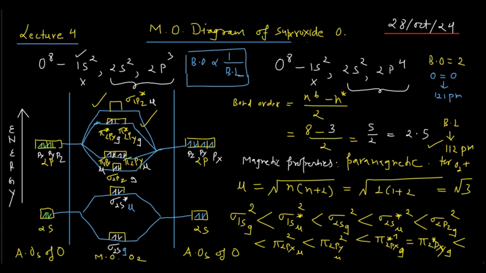Superoxide is O2 negative. Please remember. It is very, very important to learn the formula of the ions as well, because sometimes you may have difficulty in drawing the molecular orbital diagram if you don't know what is the formula of the superoxide, what is the formula of the peroxide.